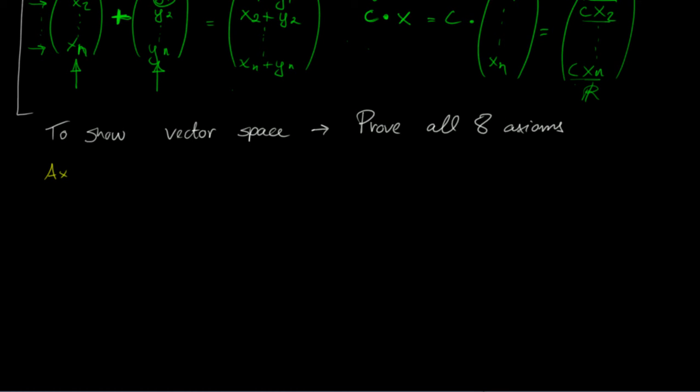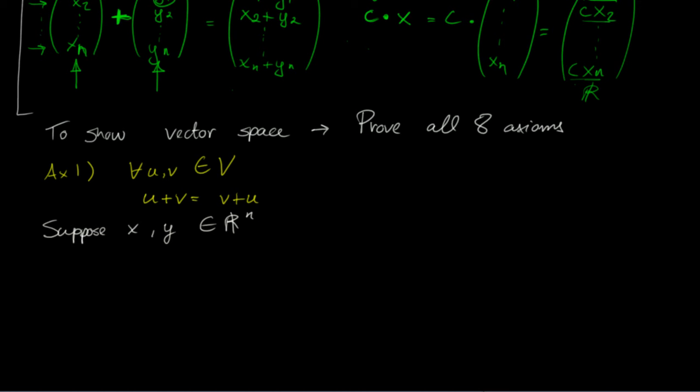So what does axiom 1 say? Well, axiom 1 says that you want to show that for all u and v belonging to my vector space V, u plus v is equal to v plus u. Let's see how we can apply this to Rn. How you start the proof, you would say something like, suppose x and y belong to Rn.